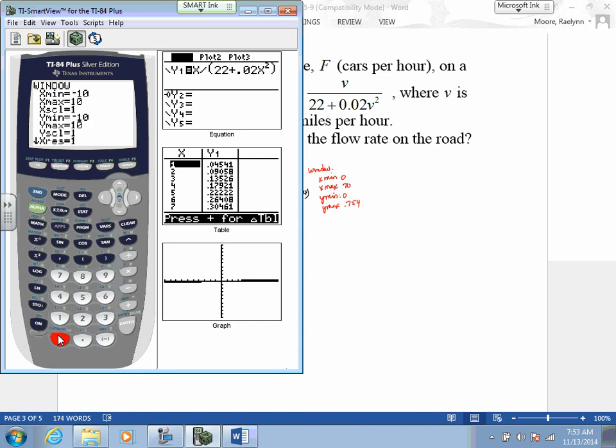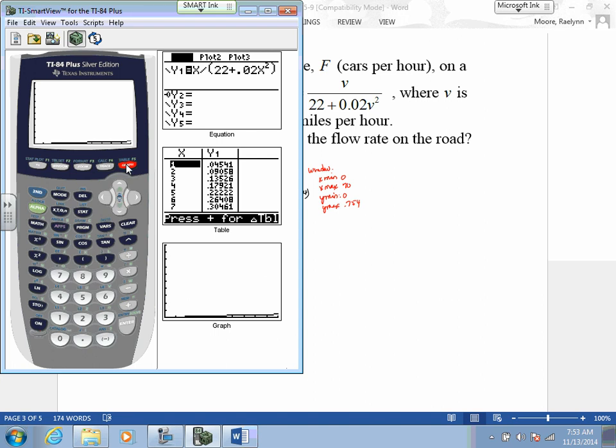This is a really good exercise in playing with your calculator. Now, here's my quadrant 1. I'm still really barely seeing this. Look where your table is. Set your table at 0, and look where your y's are. Now look how small your y's go.